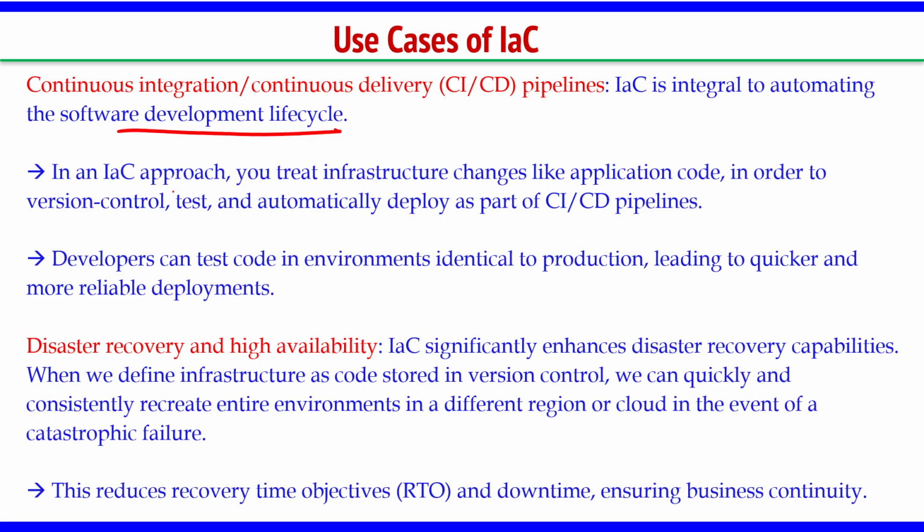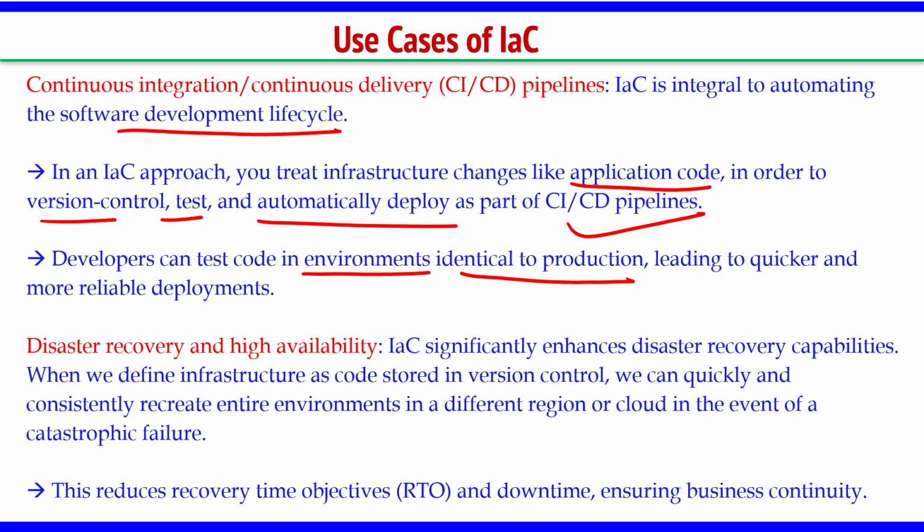So, in an IaC approach, you treat infrastructure changes like application code, version control, test, automatically deploy as part of CI/CD pipelines. Okay. So, developers can test the code in environments identical to production, leading to quicker and more reliable deployments.